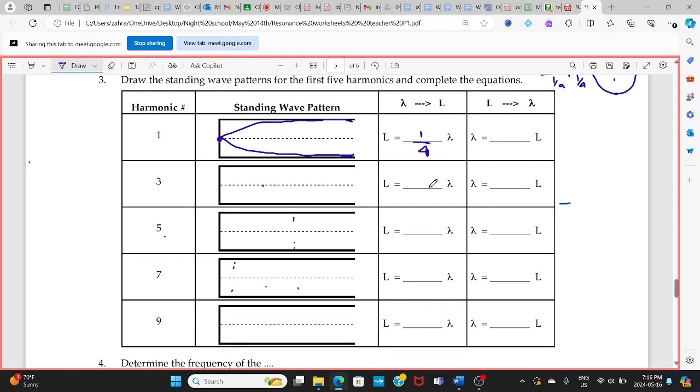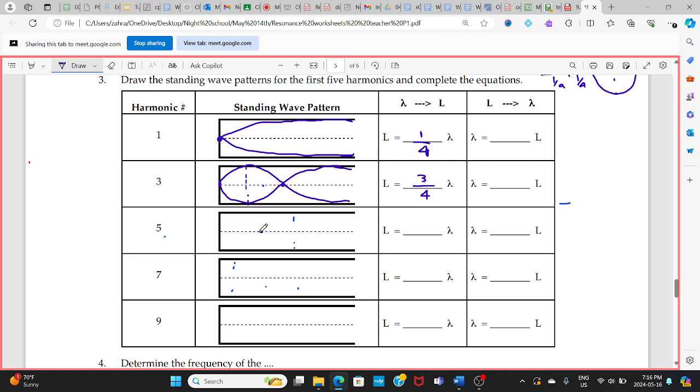For a third harmonic, I need to have a node here. Okay. Now, how many wavelength again? I just divided to the quarter. 1, 2, 3. It's 3 quarter. 3 over 4.